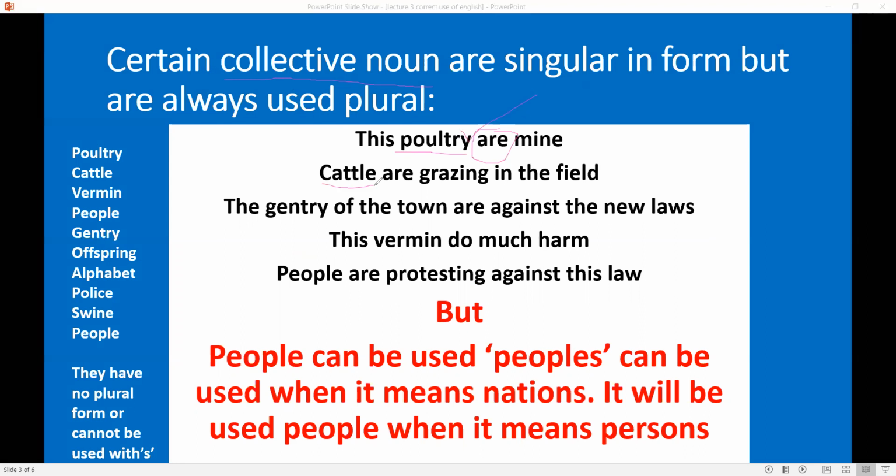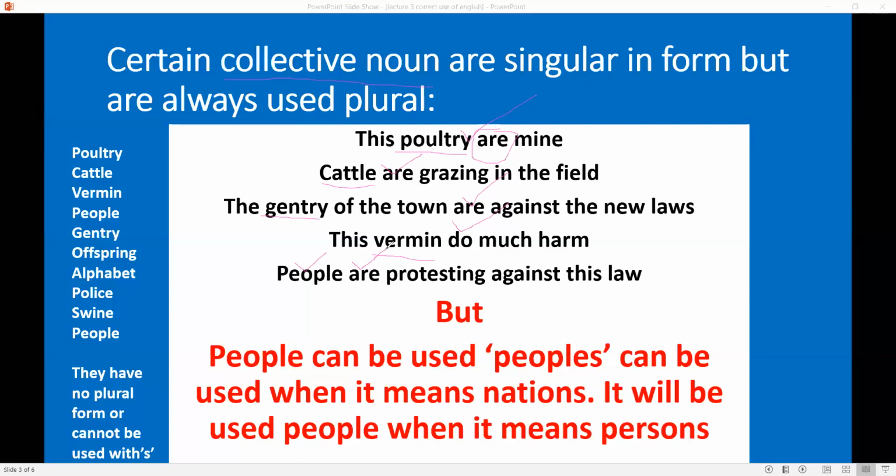Cattle is plural, so it takes a plural verb. Gentry is plural, and it takes a plural verb. Vermin is plural, and it takes a plural verb. People are plural, so they take a plural verb. All of these words seemingly, apparently, are singular, but in function, they are plural, so they take a plural verb.